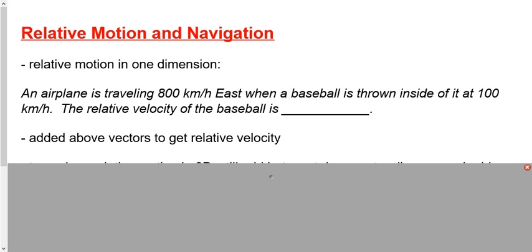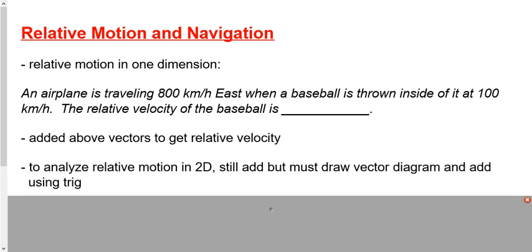We added these vectors together, right? But we did pay attention to positives and negatives. When we're finding the relative velocity in one dimension, we add vectors together, but pay attention to positive and negative. Well, listen, when we're finding a relative velocity in 2 dimensions, we're still going to add the vectors together.